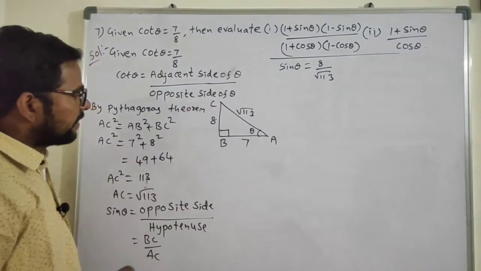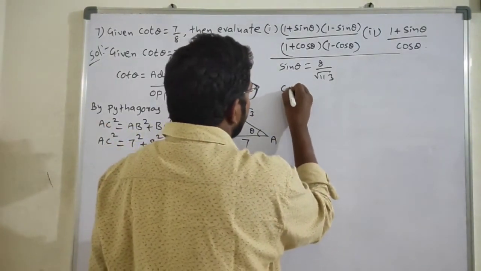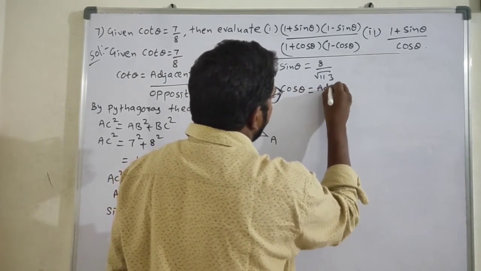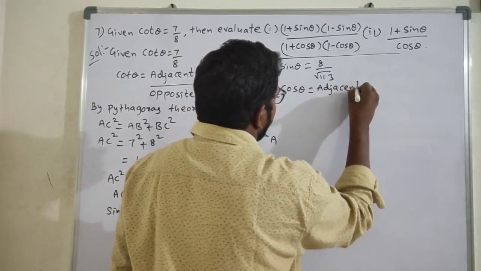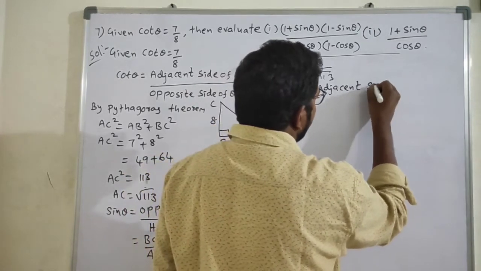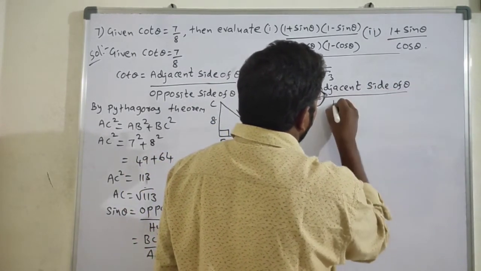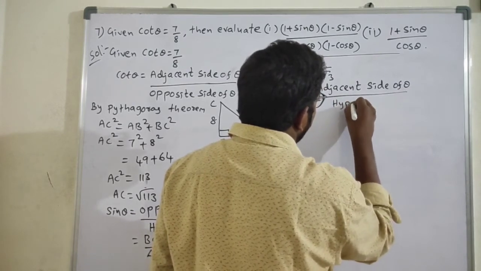Next cos theta, let's find cos theta. So cos theta is equal to adjacent side of theta by hypotenuse.